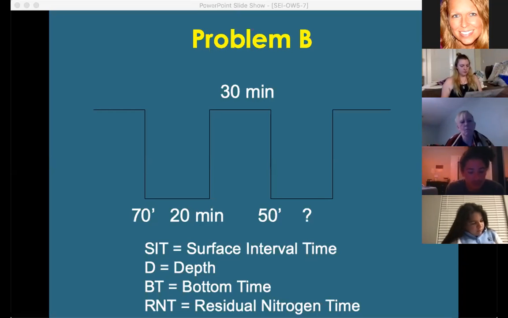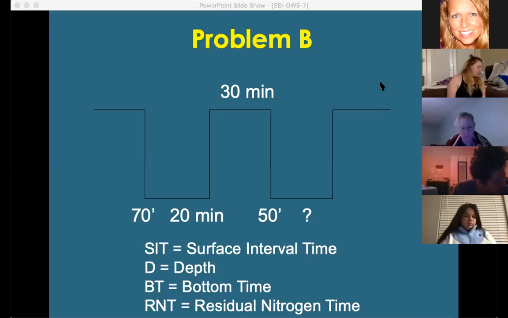It's like we just did, Evie. If you're going to go on the dive table, you follow it over on table A, round up as you need to, look down to table B to find the surface interval, and then you go over to table C and find the second dive depth, and find where that matches.